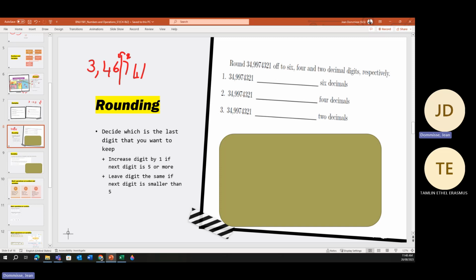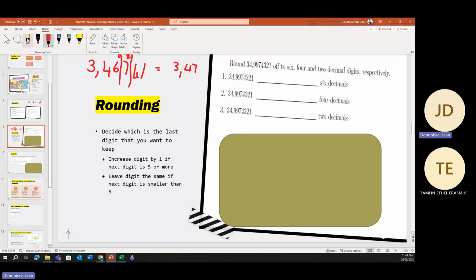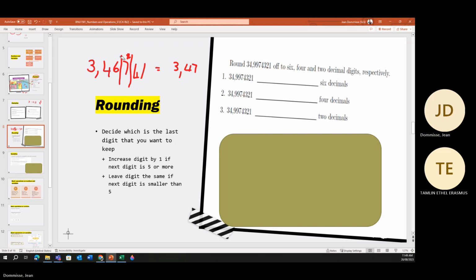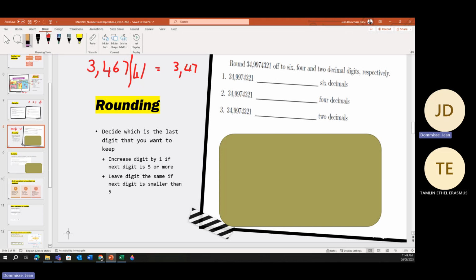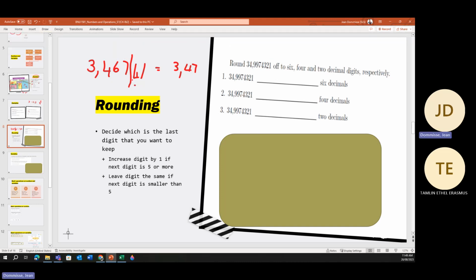So if the number was 3,467, round it up, it will become 3,47. If we needed to look at 3 decimals, so we look at 3,46741, and we need to round it to 3 decimals.